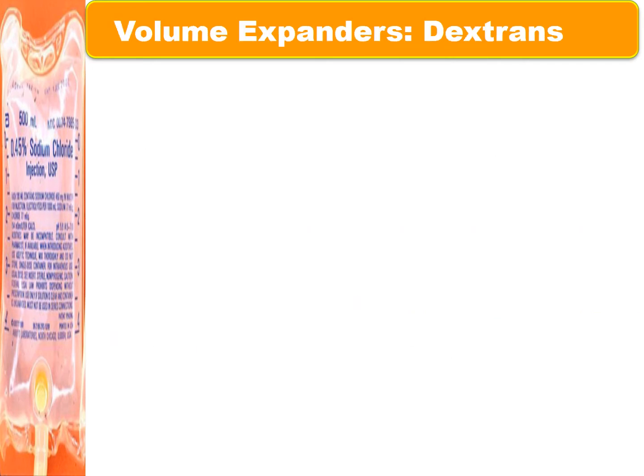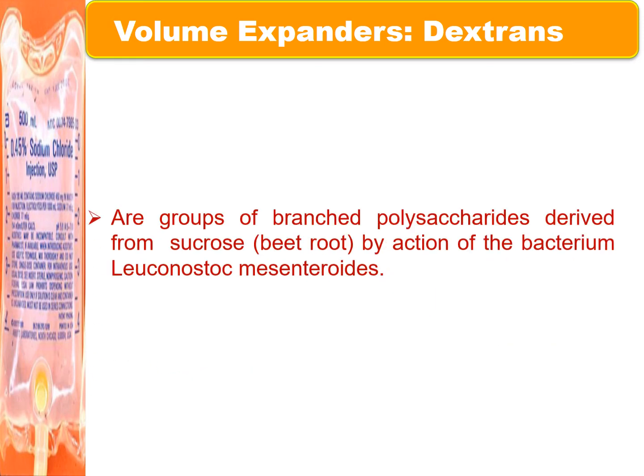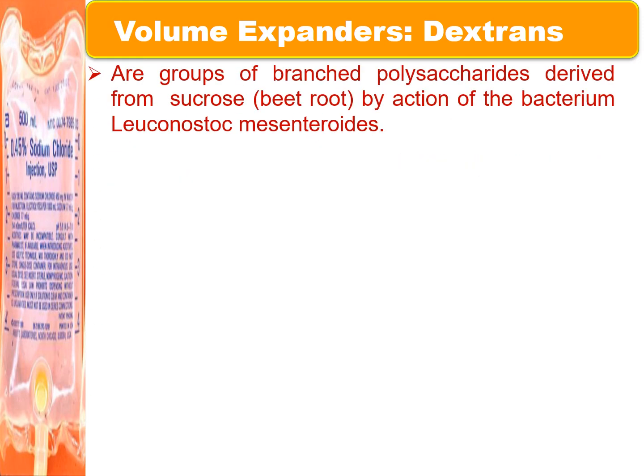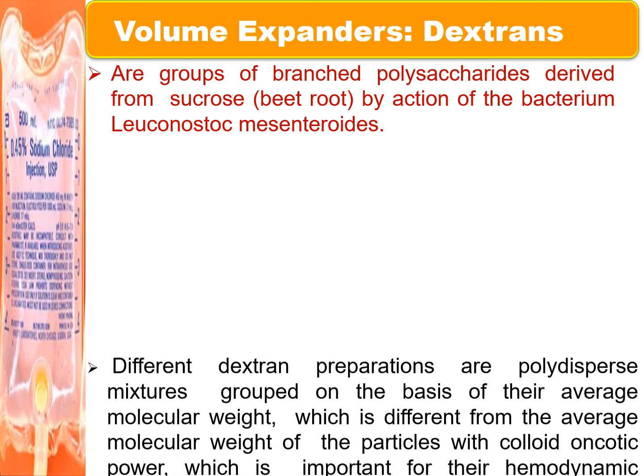Another colloidal preparation as a plasma volume expander is the dextrans. The dextrans are groups of branched polysaccharides derived from sucrose, mainly of beetroot, by the action of the bacterium Leuconostoc mesenteroides.